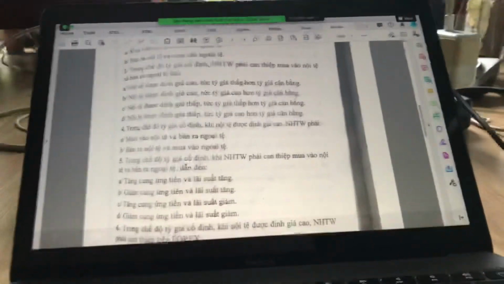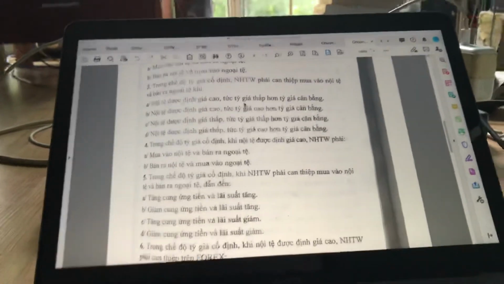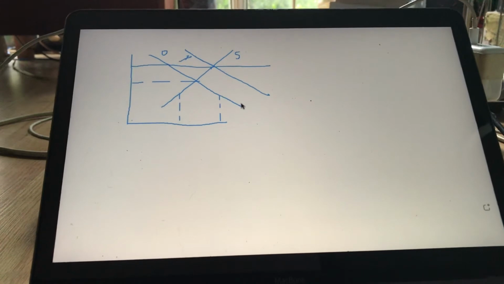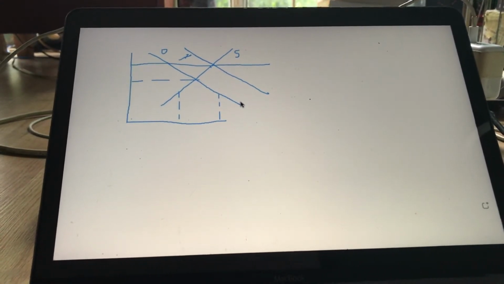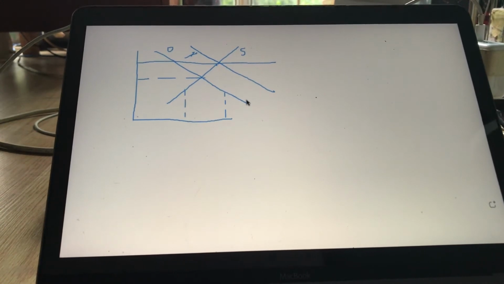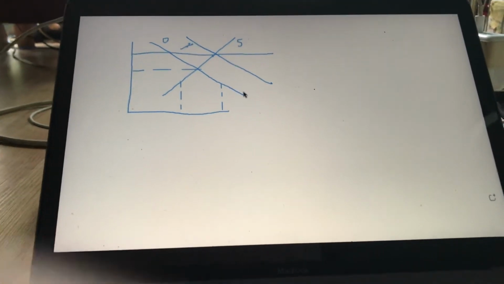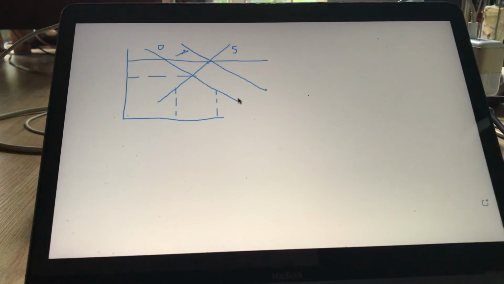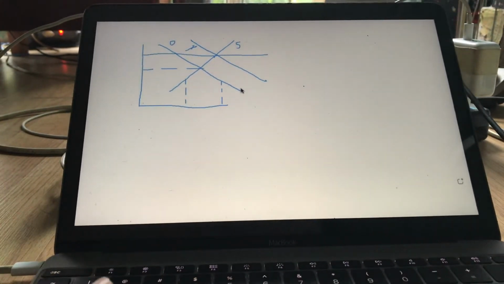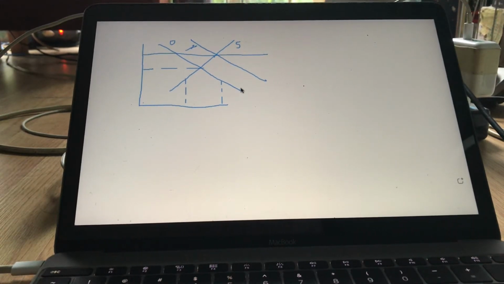Okay, let's use the graph to see this. In the fixed exchange rate, the central bank intervenes by buying the domestic currency and selling the foreign currency.